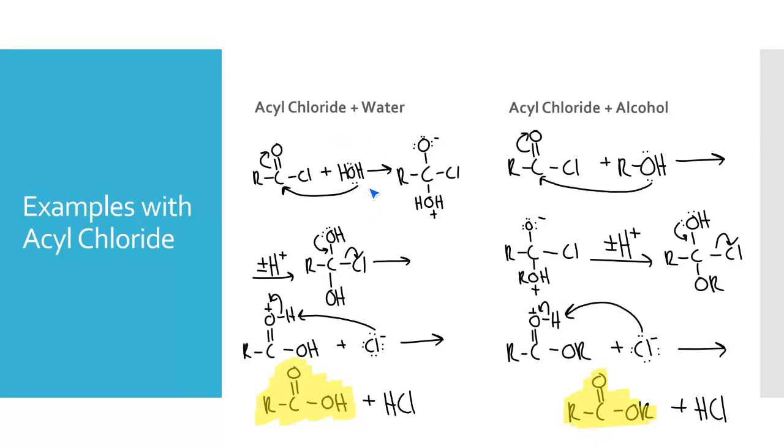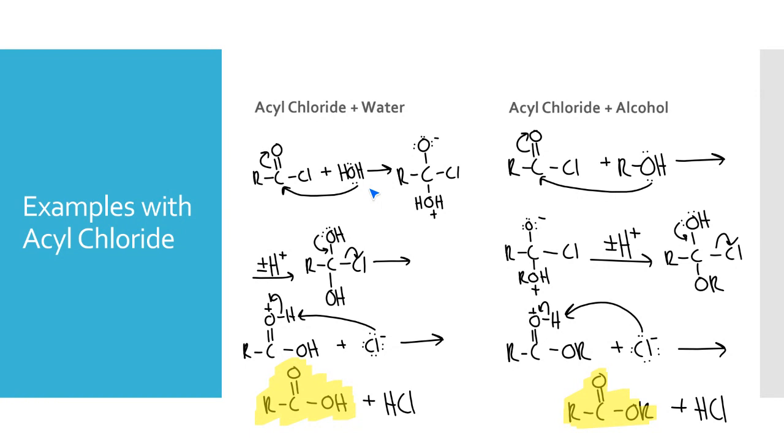Again, I said this last study session, but I would really caution you, when you're going through these mechanisms and learning them, to really try to understand why you're doing all of these steps and why electrons are moving, why something is coming off, why something is getting put on, instead of just trying to memorize the mechanism and then throw it back up on a test.